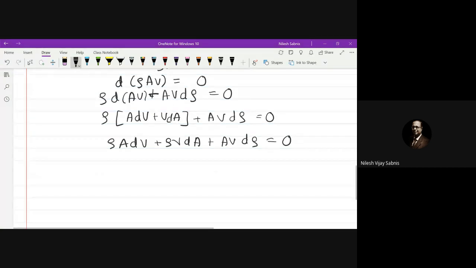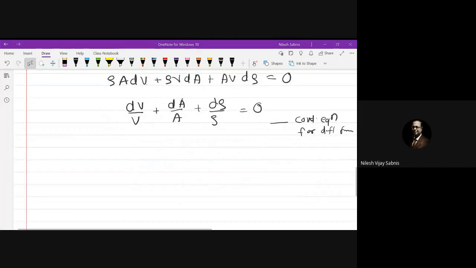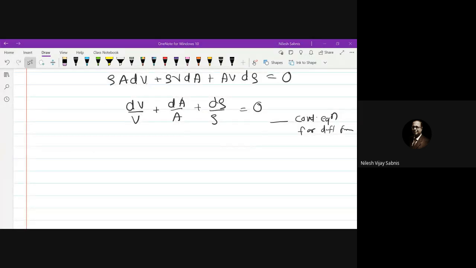If we divide everything by rho AV, we get dV by V plus dA by A plus d rho by rho is equal to 0, and this is called the continuity equation in differential form for compressible fluid.